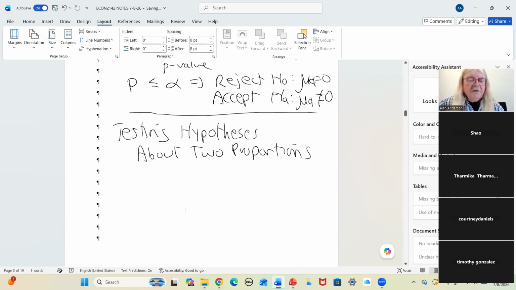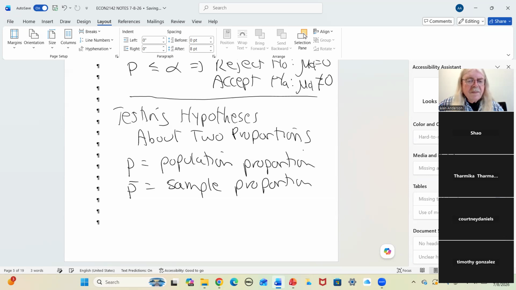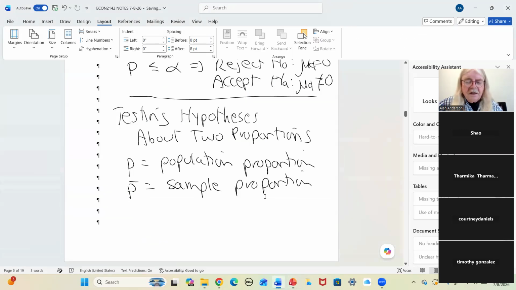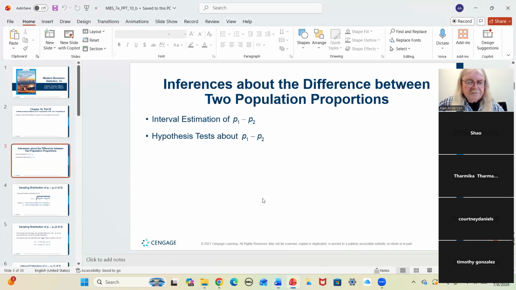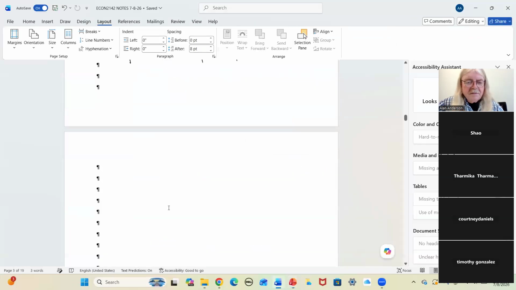So in the book, they're using P for the population proportion, and the sample proportion. Make sure the notation is clear. So we'll start with the confidence intervals. This is our standard error. It's a bit of a mess, but we can do it.